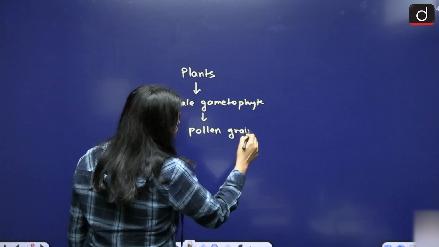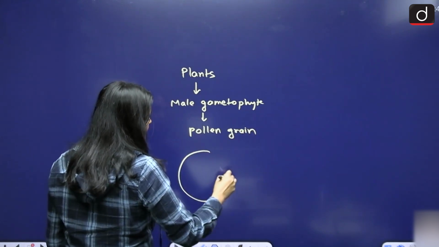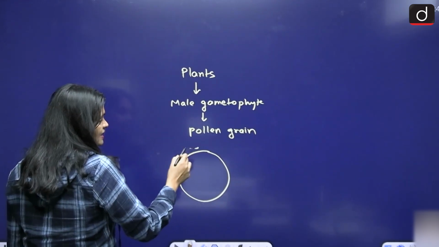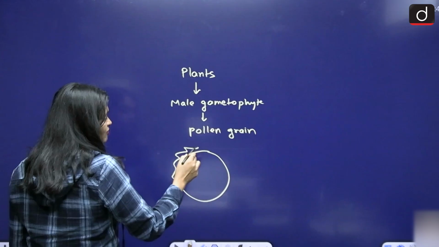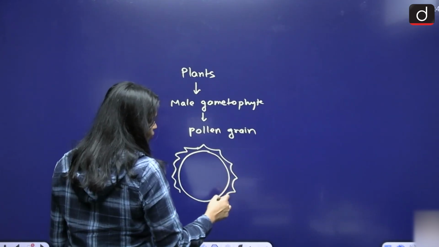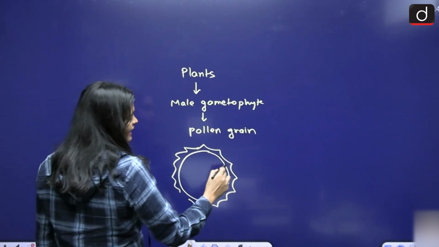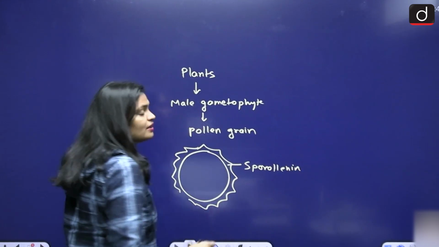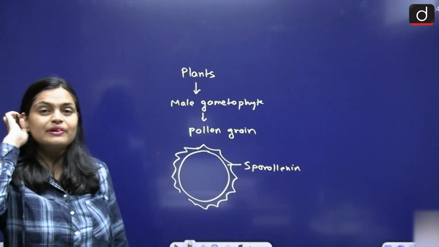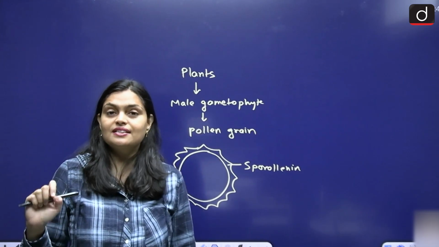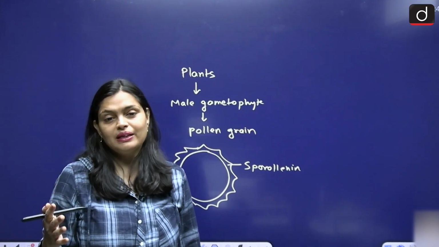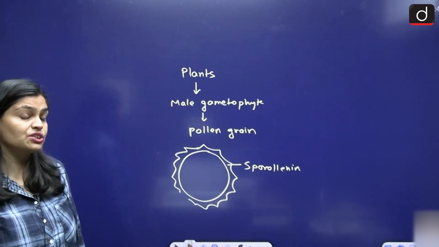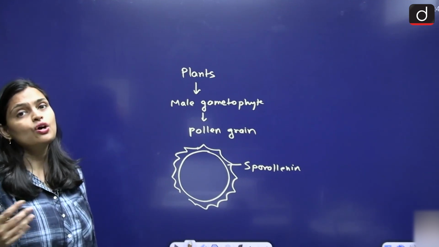If you see the structure of the pollen grain, it has an outer covering which is made up of a chemical compound known as sporopollenin. Remember, this sporopollenin is enzyme resistant, temperature resistant, pH resistant. That means nothing will affect it, nothing has any effect on it, and that's why we can use pollen grains as fossils.